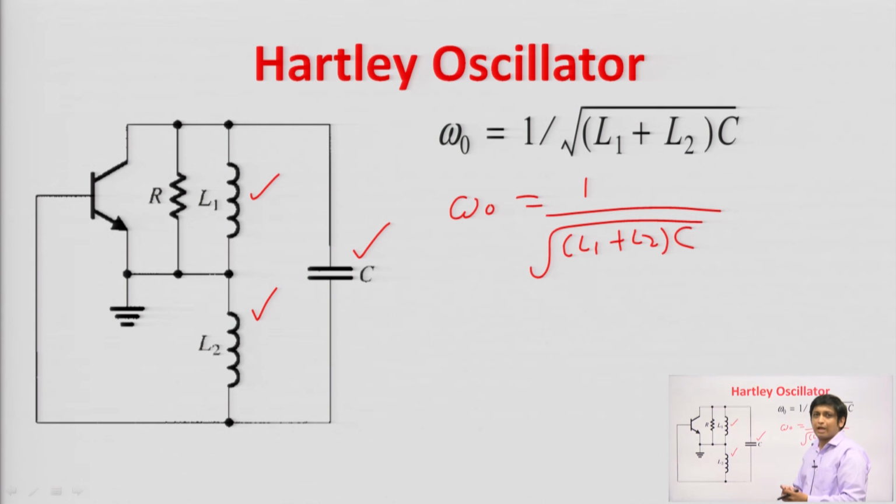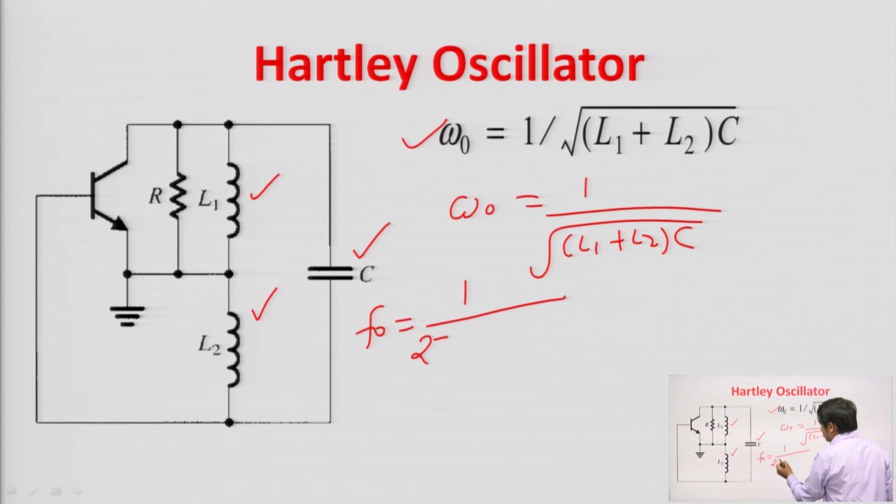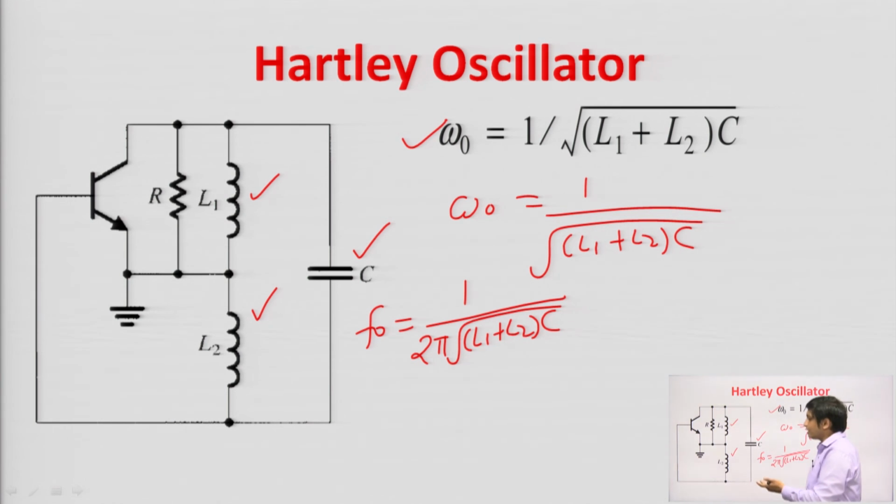Just replace the two capacitors C1 and C2 with inductors L1 and L2, and again apply KCL, and after applying KCL, put the imaginary part equal to 0, then we will get omega naught equal to 1 upon root of L1 plus L2 into C. So, from here we can calculate F naught for the Hartley oscillator, that is 1 upon 2 pi root of L1 plus L2 into C, fine. Similarly, we can get the condition for sustained oscillation for the Hartley oscillator, as we have got it for the Colpitts oscillator.